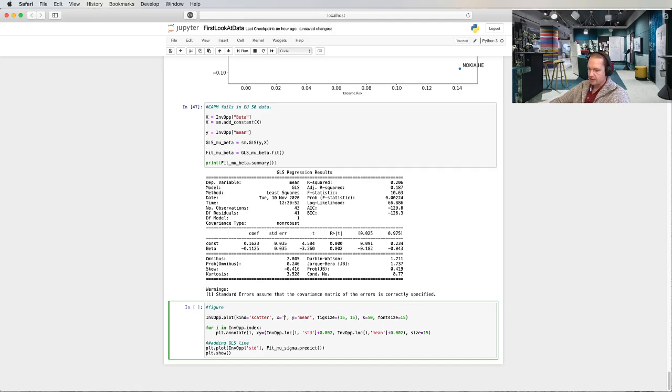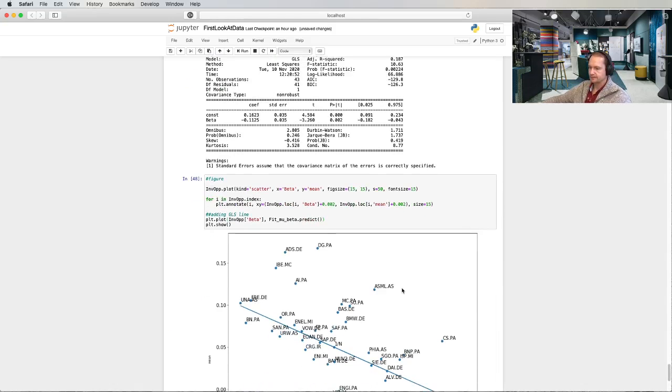So I want to plot beta. I want to annotate the beta mean coordinates, and with plt I want the beta on the x-axis and its fit mu beta. So you see, naming variables well is of use. Give me the prediction and now show the graph. Okay, right, so you see.